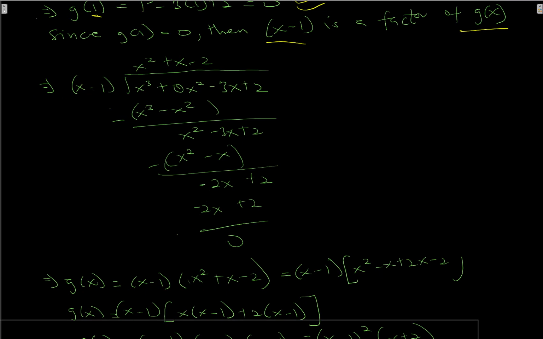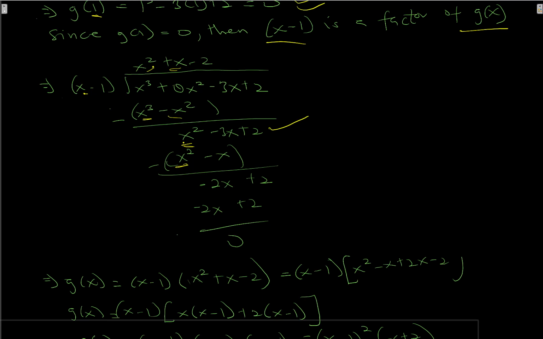X goes into x cubed, that's x squared. Then you multiply x squared by x, giving you x cubed. Then also multiply x squared by minus 1, and get negative x squared. When you simplify, you get this. Now, x goes into x squared, just x, we multiply x by x. Then we have x squared.